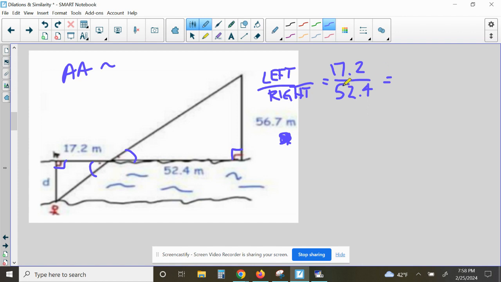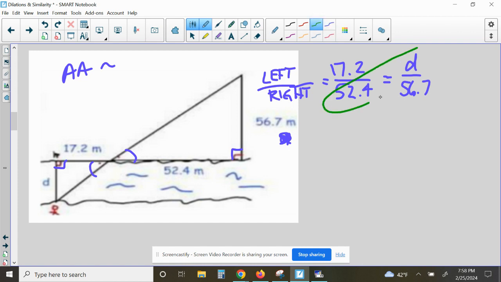Okay. And then that means this is our hypotenuse. We don't have our hypotenuse of either one. That means this D of the left one matches up with the 56.7 of the right triangle.